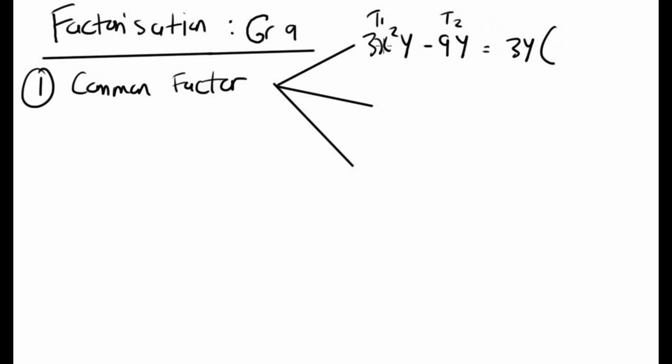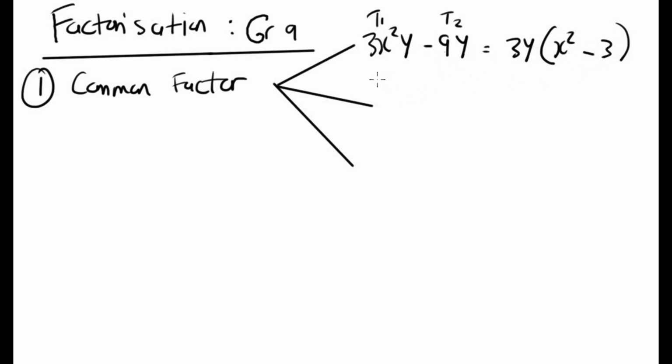You take term 1 divided by your highest common factor, so 3x squared y divided by 3y gives x squared. Then minus 9 divided by 3 gives 3. So that's your answer. You can't simplify any further than that.